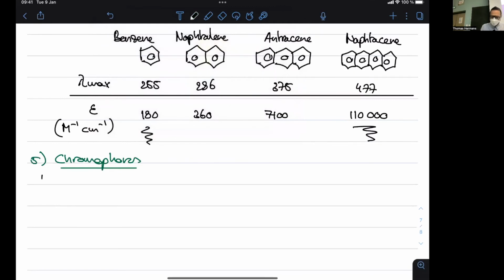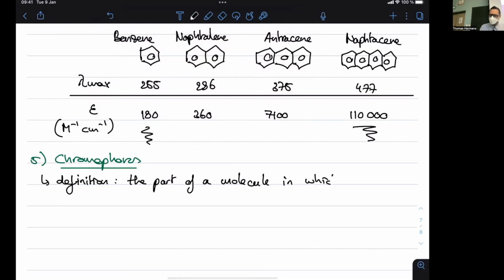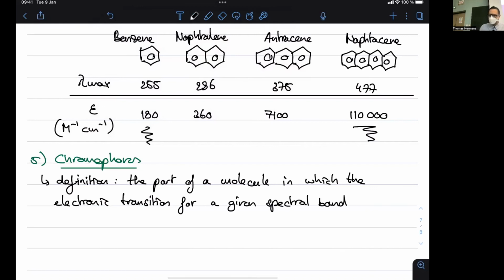So the definition: it's the part of a molecule in which the electronic transition for a given spectral band is localized.